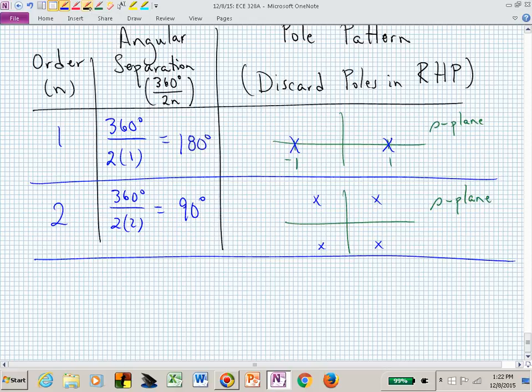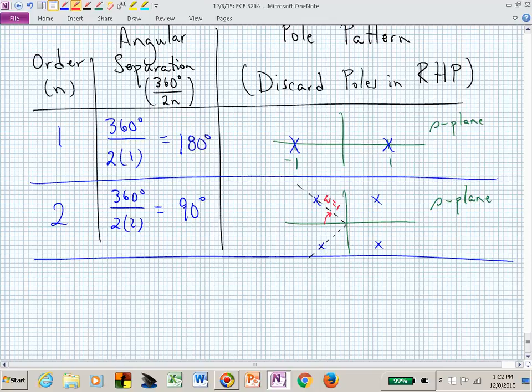Where the distance away from the origin is 1. This angle is dividing the distance between them, and what did we calculate the angular separation between the poles was?